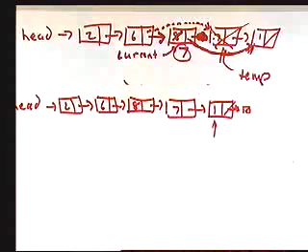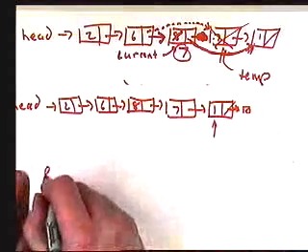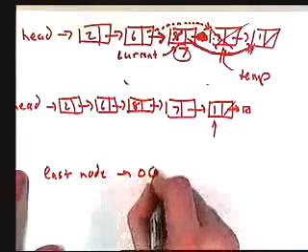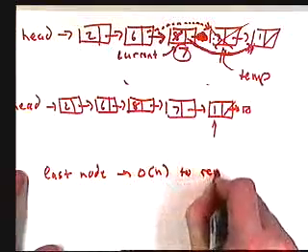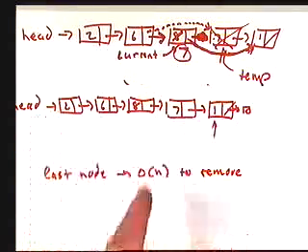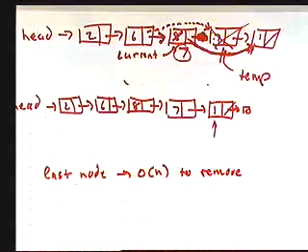And so I am stuck here saying, if I have the last node, that would be order n to remove. Because I would need to do the back 1 algorithm. I would need to position a temp here, traverse forward to 7, and then say, for the node containing 7, its next field should point to null, or call delete on it and then point it to null. Now there are 2 ways out of this situation.